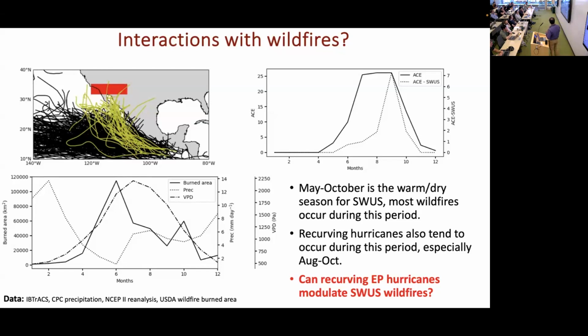When you look at the overall hurricane activity, it peaks from July to October. And if you specifically focus on the recurving storms, then there is a single sharp peak in September, flanked by a little bit in August and October. So the question we ask ourselves is, can these recurving hurricanes play a role in modulating wildfire activity in the Southwest US?